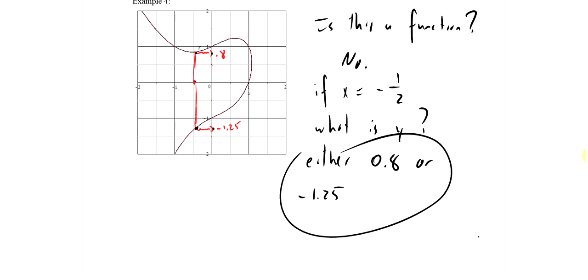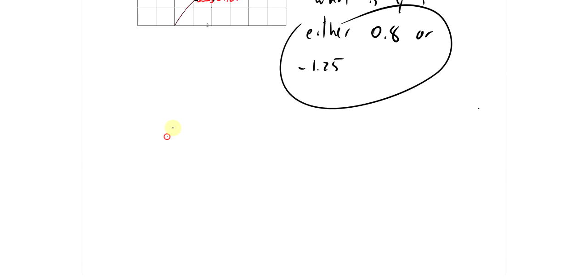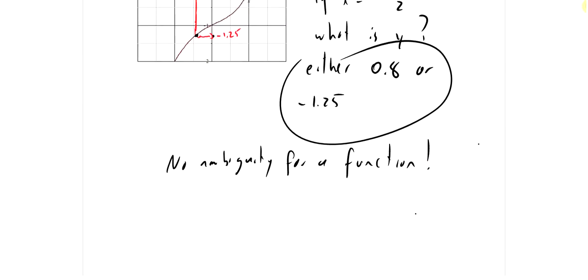Functions don't do ambiguity. No ambiguity for a function! It can't be either this or that. It has to be exactly and only one thing.